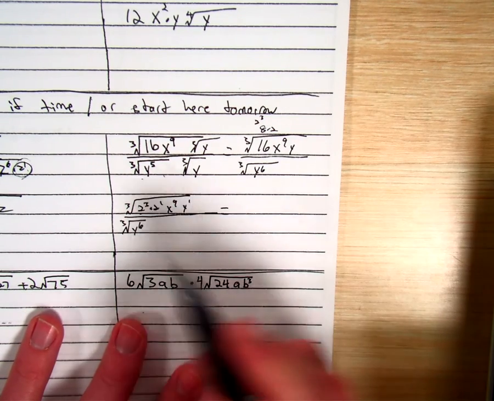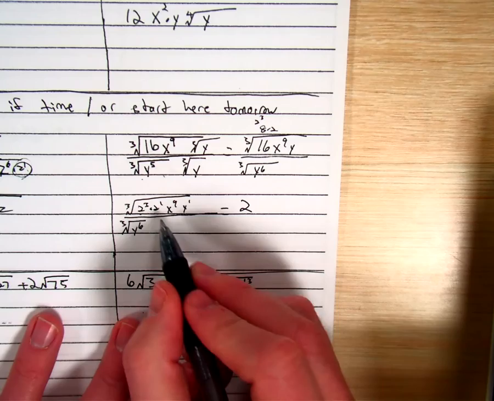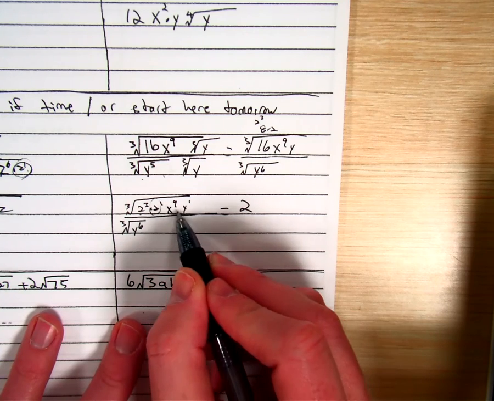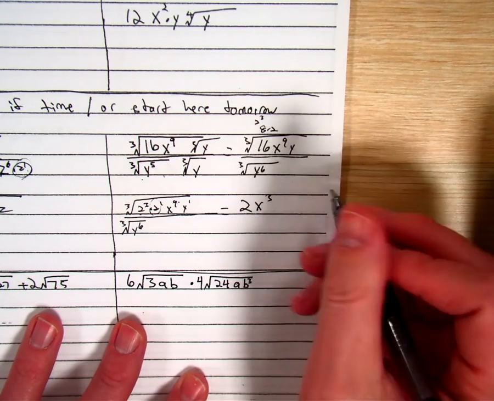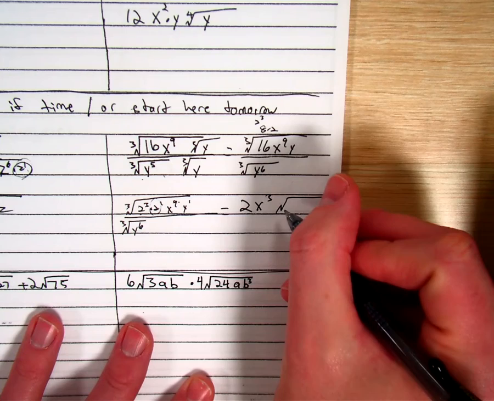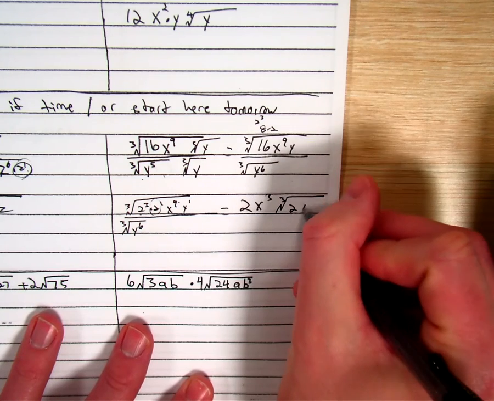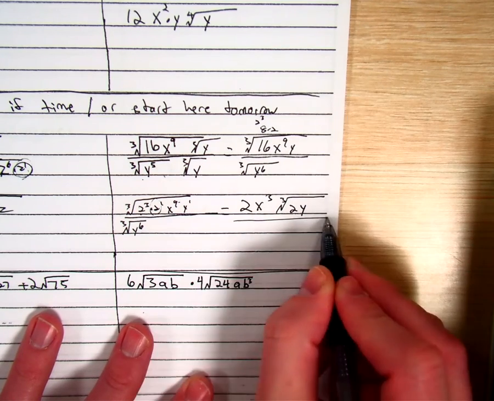The cube root of 2 cubed is going to be 2 on the outside. That 2 is left over. 9 divided by 3, we're going to have x cubed on the outside, and that y is left over. Cube root of 2y was left over on the inside.